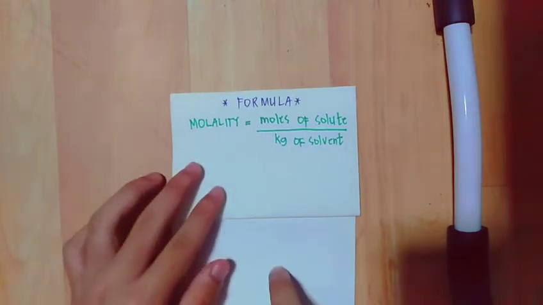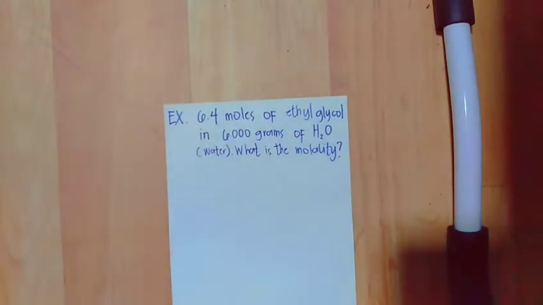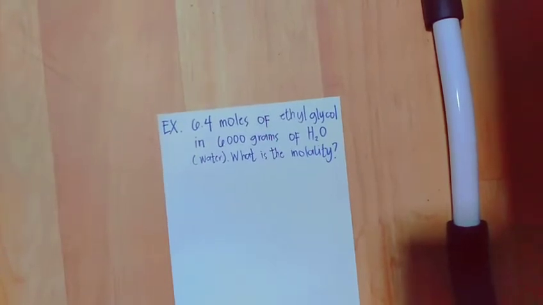So this is the example question. The problem is 6.4 moles of ethylene glycol in 6,000 grams of H2O or water. What is the molality?